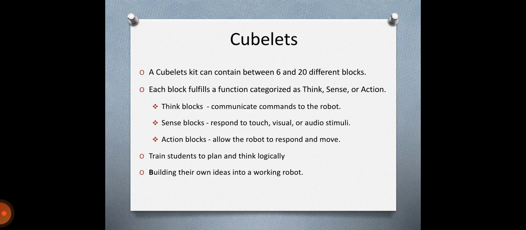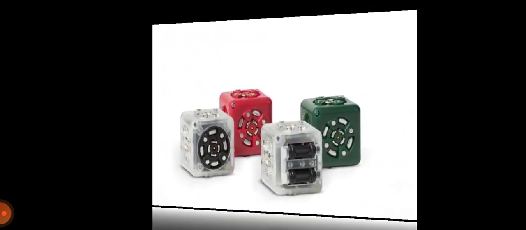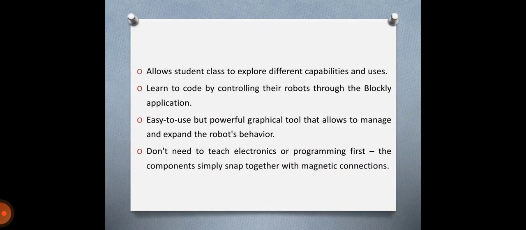It trains students to plan and think logically. They can easily build their own ideas into working robots. This is a model of Cubelets. It allows students to explore their capabilities, and they learn to code by controlling their robots easily through the Blockly application. It's an app which is used to control the robots.